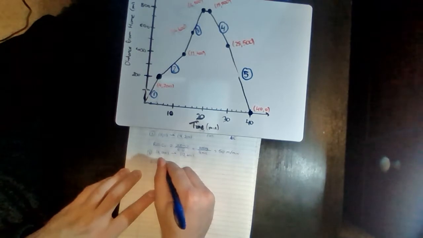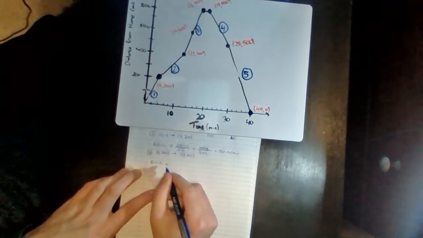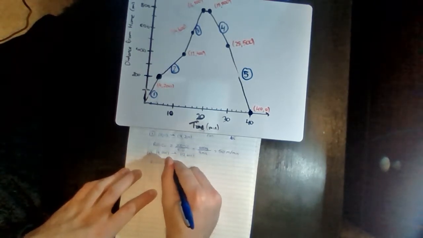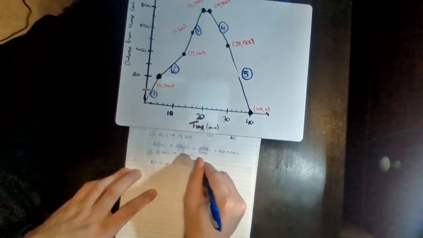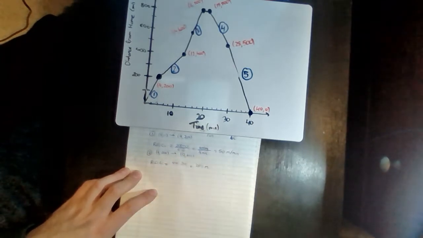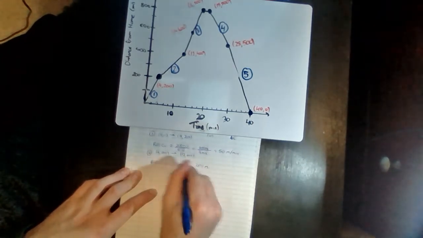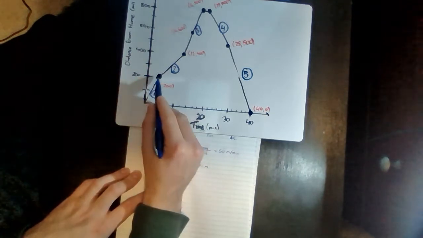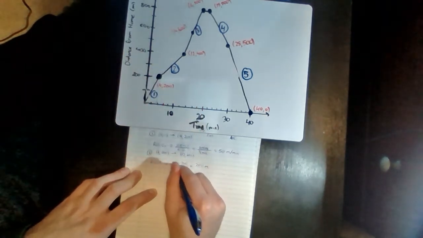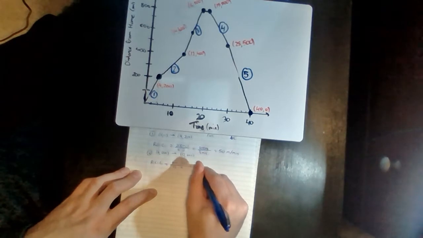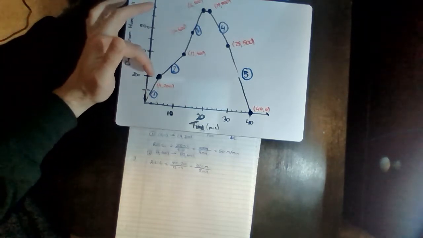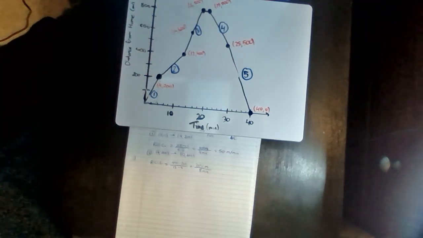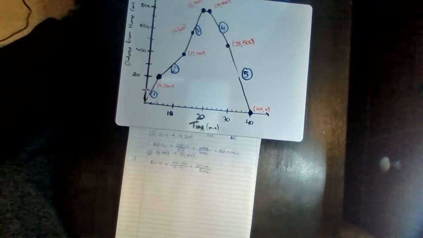What is the rise and run of this in order to find our rate of change? We're rising from 200 to 400. So 400 minus 200, we're rising 200 meters. We're running from 4 to 12. So 12 minus 4, we get 8. We're going 8 minutes for this stretch. So Billy's traveling 200 meters in 8 minutes for the second part of his journey.